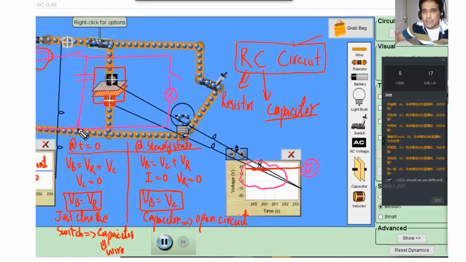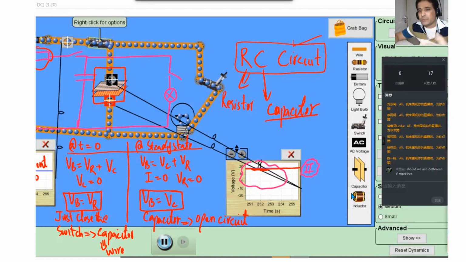Next, this one we can find later. Later we will go to the equations, and I will explain how you can find these values. We can use calculus to find the equation.